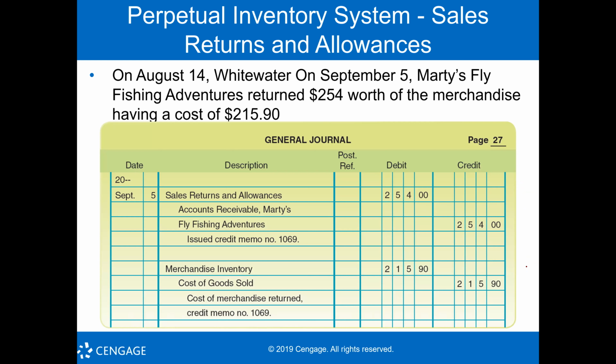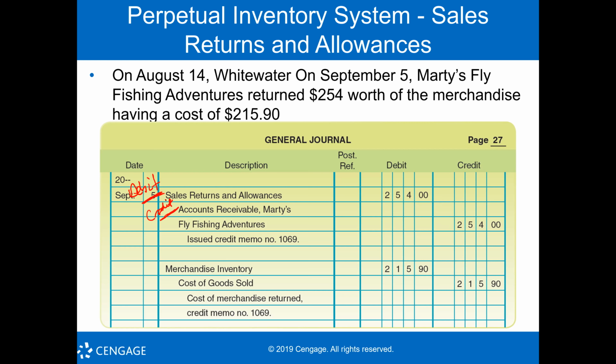So when we return some merchandise, just like we saw with the periodic system, we're debiting sales, returns, and allowances, right? Here's our debit, sales, returns, and allowances, and we're crediting accounts receivable. There's our credit, right? So when merchandise is returned, we're still debiting sales, returns, and allowances. We're still crediting accounts receivable.